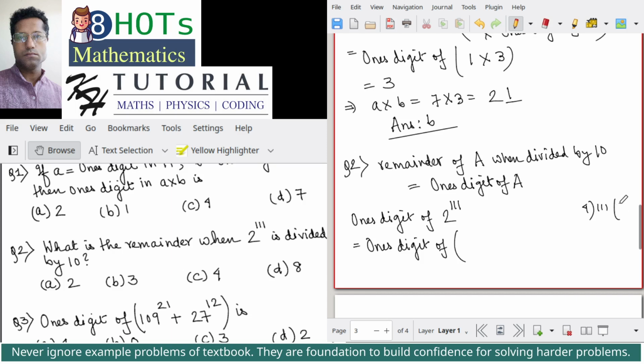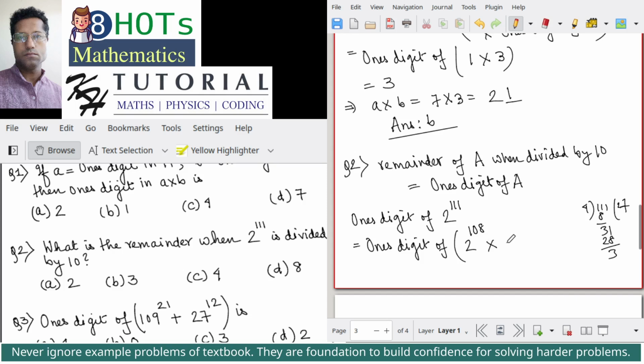If I divide 111 by 4, 4 times 27 is 108. So 108 is the nearest number smaller than 111 which is a multiple of 4.